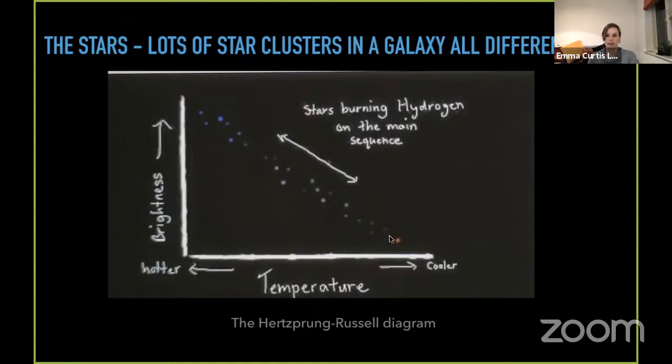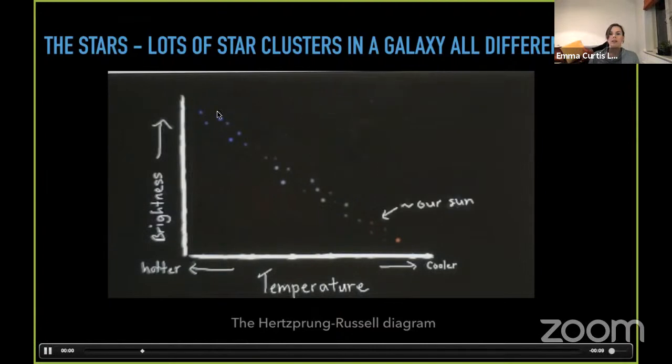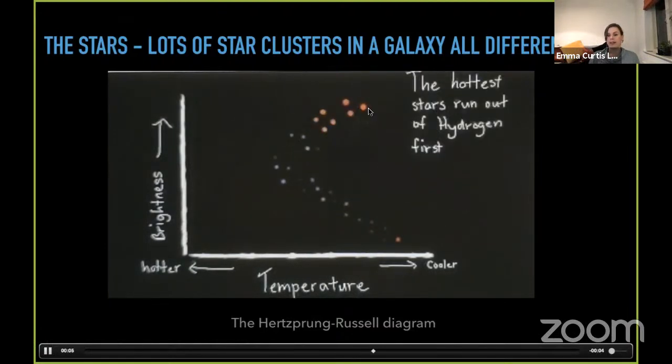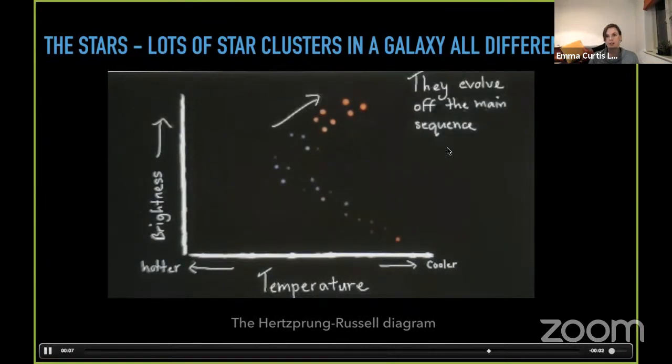But as time progresses, stars will start to evolve off the main sequence. And they do this when they run out of hydrogen in their core. So the first stars to come off were the hottest, brightest O-type stars. And I'm going to tell you about the evolution of the stars from this point here. At the moment, they're red supergiants.